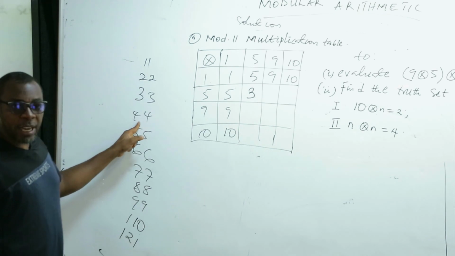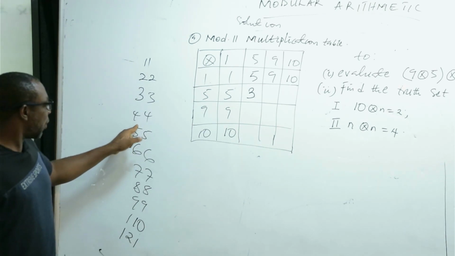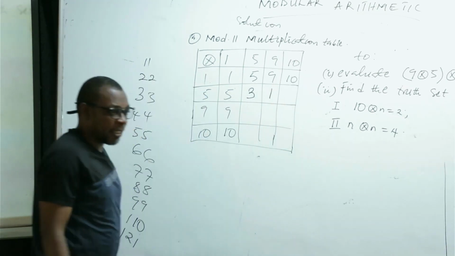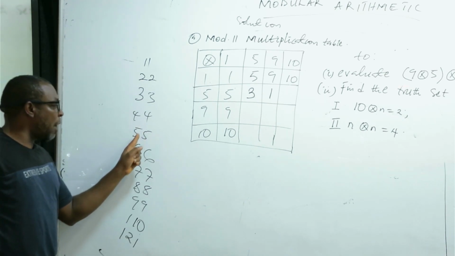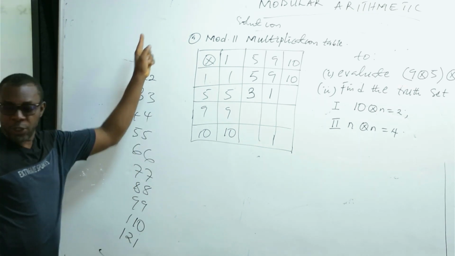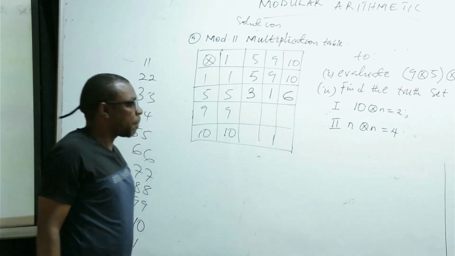Look at 45 here. The difference between 45 and 44, you bring your 1. 5 times 10 is 50. Look at 50 here. I will not subtract 50 and 55. No, we are going backward. So what is the difference? 6. I bring 6, the surplus there.